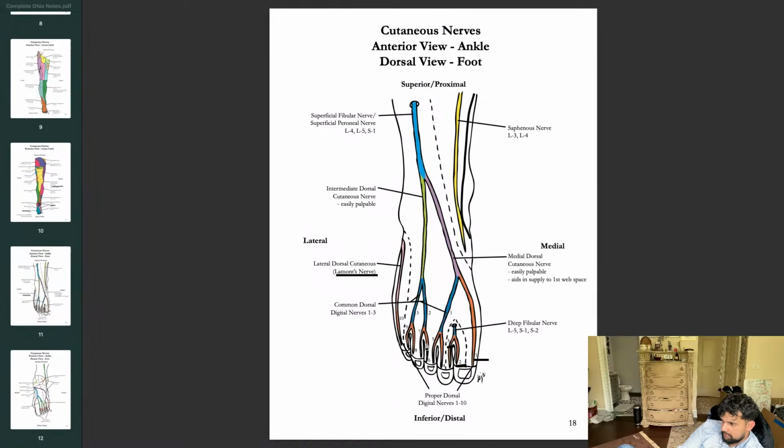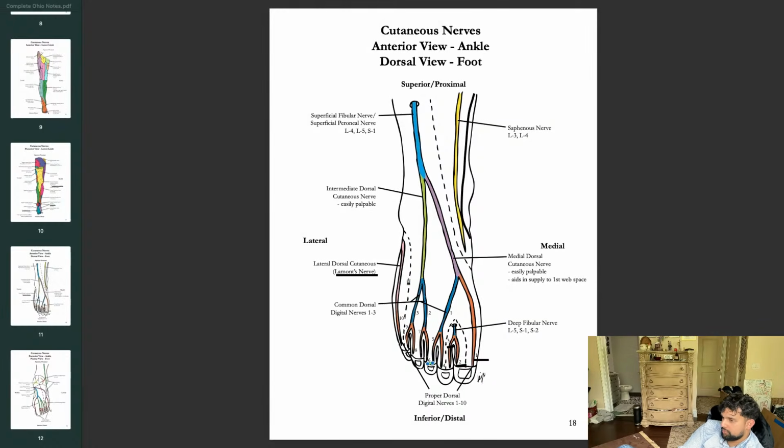Now, the intermediate dorsal cutaneous nerve is going to give rise to common dorsal digital nerves 2 and 3, right? Those divide into 4 more nerves, common dorsal digital nerves 6 and 7, and proper dorsal digital nerves of the intermediate branch of the superficial fibular, 8 and 9, right?